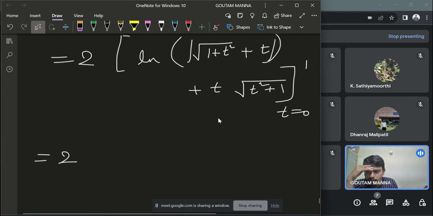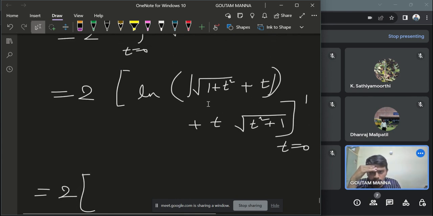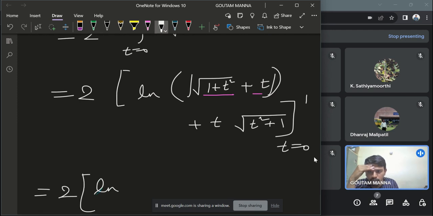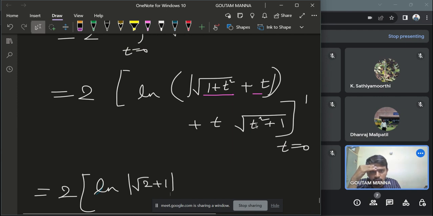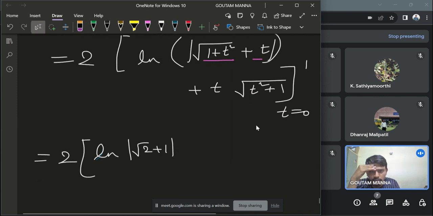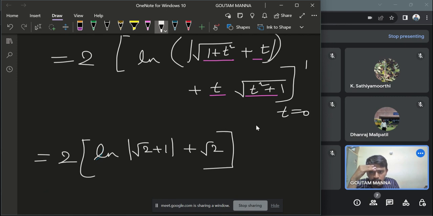Now if I put the upper limit, it will be root 2, so this will be root 2 and this is 1, so for upper limit it is ln mod of root 2 plus 1, and the other term will be, so t is 1, and this is root 2, so this is plus root 2, and minus the lower limit.